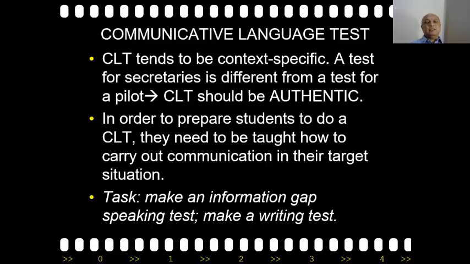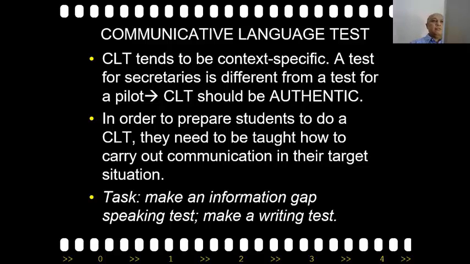They are all different. So a test for a secretary will not look the same as the test for a pilot, which is also different from a test for teachers, etc.